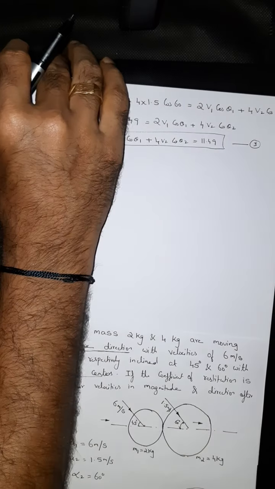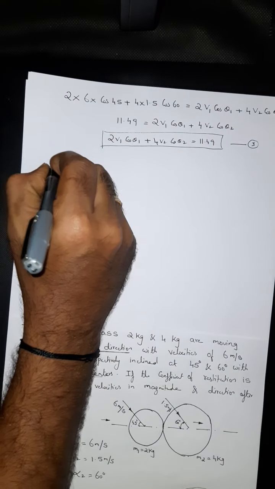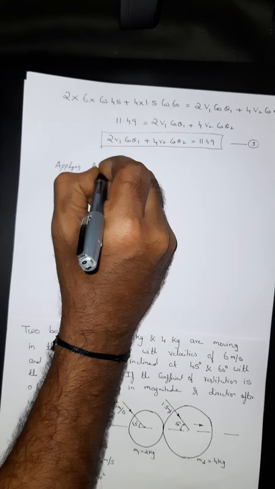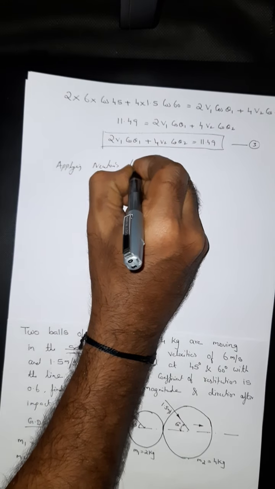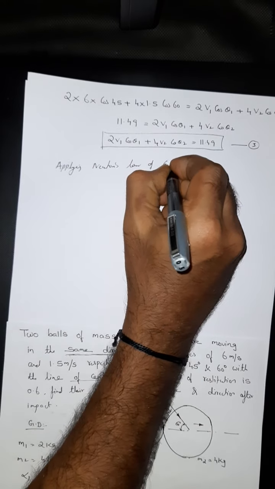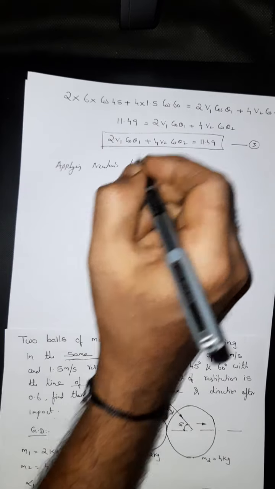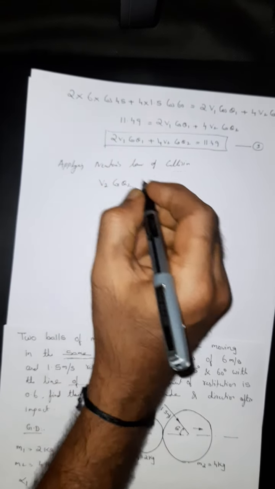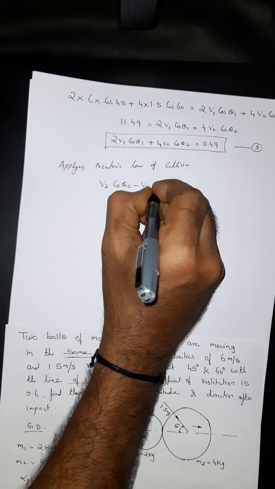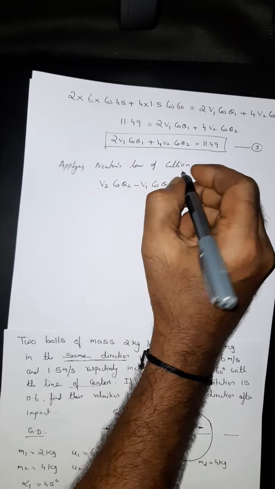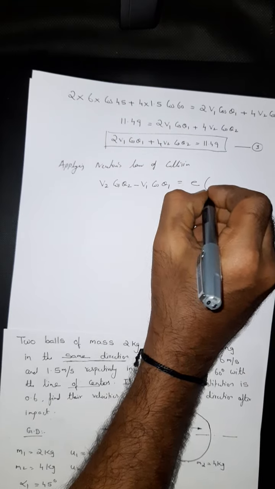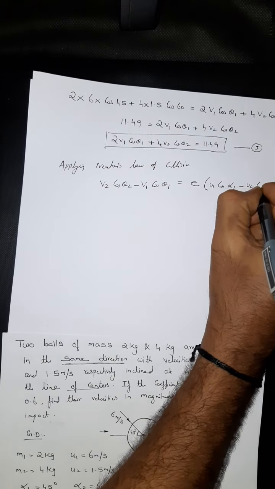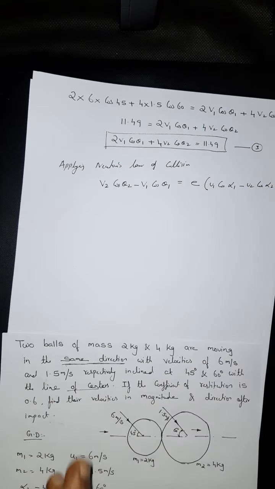Now I'm going to apply the second principle, which is Newton's law. Newton's law of collision of the elastic body can be written as v2 cos theta 2 minus v1 cos theta 1 equal to E into u1 cos alpha 1 minus u2 cos alpha 2.